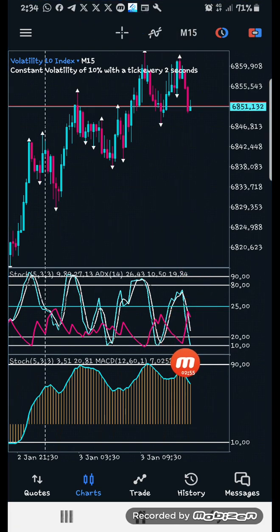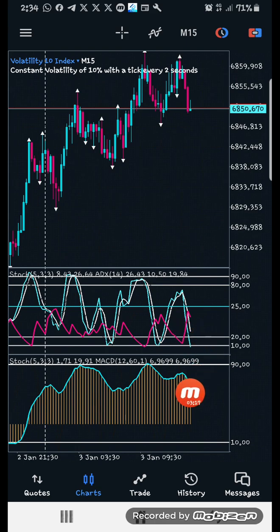Whenever you see the stochastic pointing downward, that means the market is coming downward. When the stochastic is pointing up, that means the market is going upward. The stochastic is this green or sky blue and white line that are moving together. That is the stochastic. You understand? And the red line is the ADX.